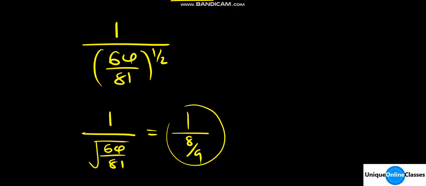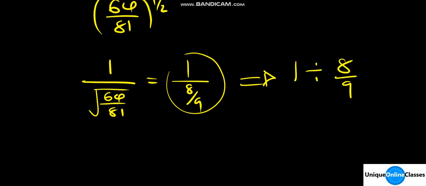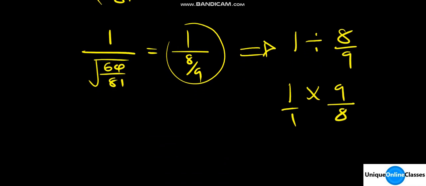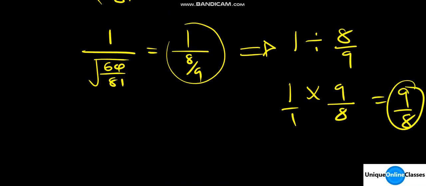No, you have to simplify this further. We write 1 divided by 8 over 9. When we divide, we change to times and reverse, so it's 1 times 9 over 8. If you multiply that, the answer will be 9 over 8. So that's our answer there.